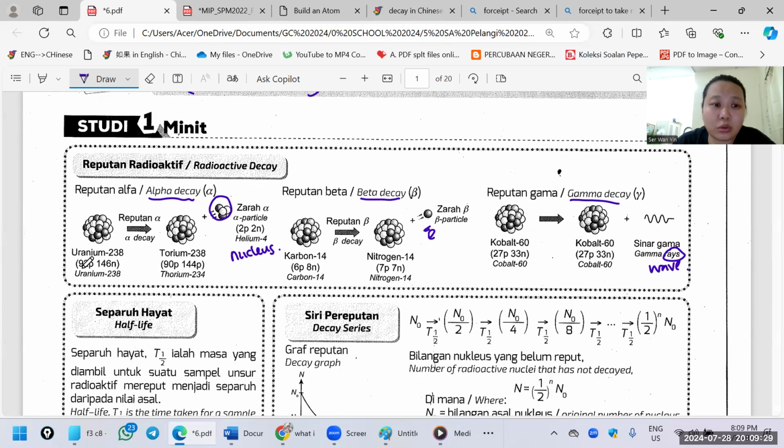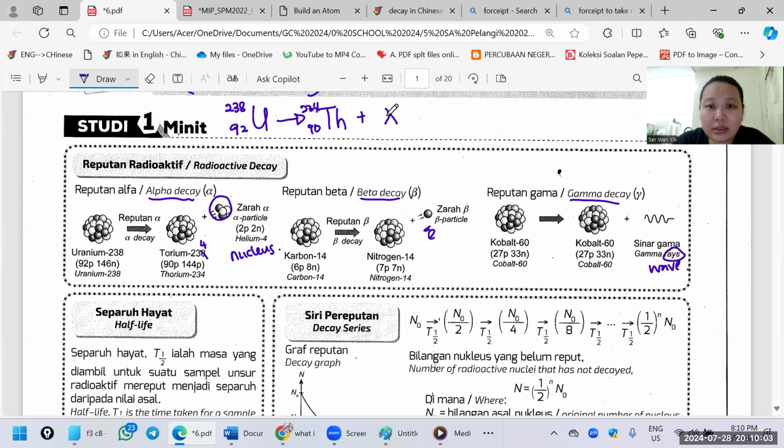Here it shows uranium 238 with 92 protons. It decays and becomes thorium 234 with 90.